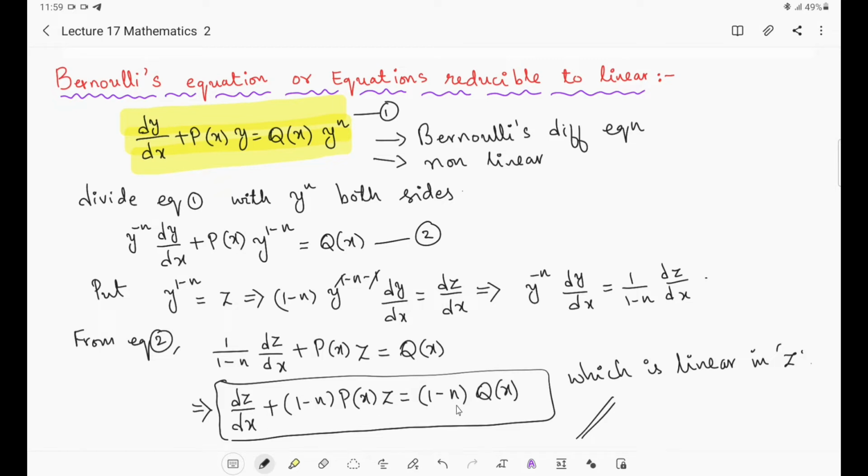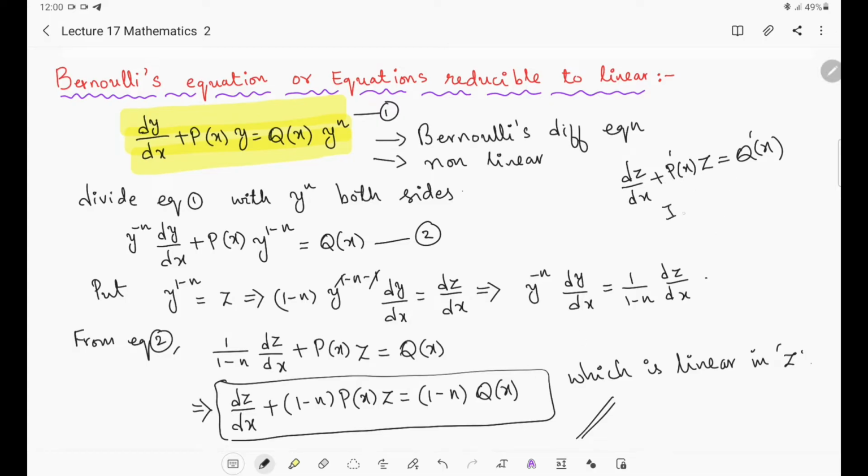So, this is a linear differential equation. This is of the form dz by dx, plus some p dash of x into z equals to some q dash of x, right, where p dash of x is 1 minus n into p of x and q dash of x is 1 minus n into q of x, right. So, this is a linear differential equation in z, right.